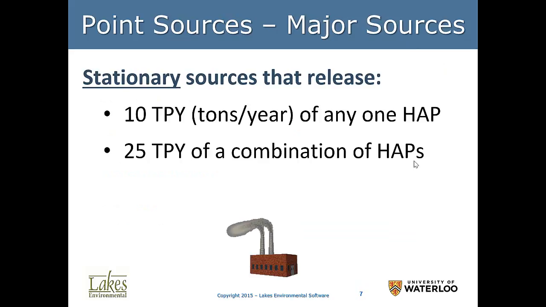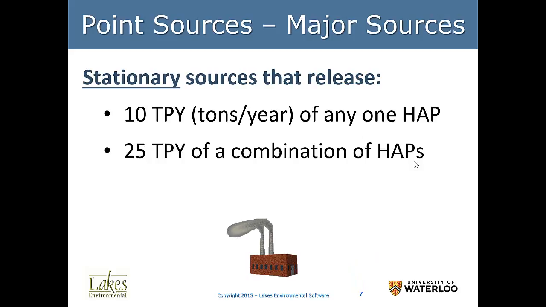And here we have the major sources represented by the point source, and they're going to be called major if the source emits more than 10 tons of any one of the HAPs, or more than 25 tons of a combination of HAPs. Now, if a source emits 100 tons of SO2, that source is also considered to be a major source.